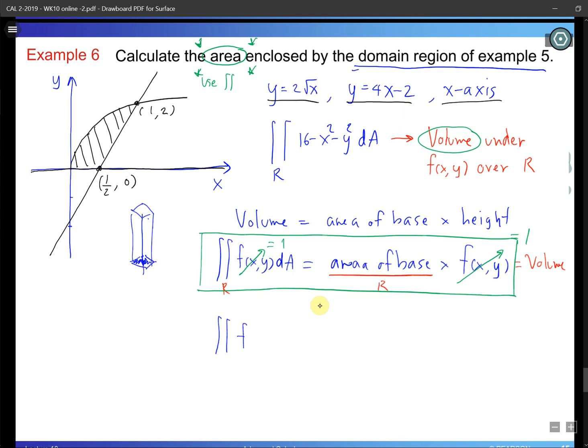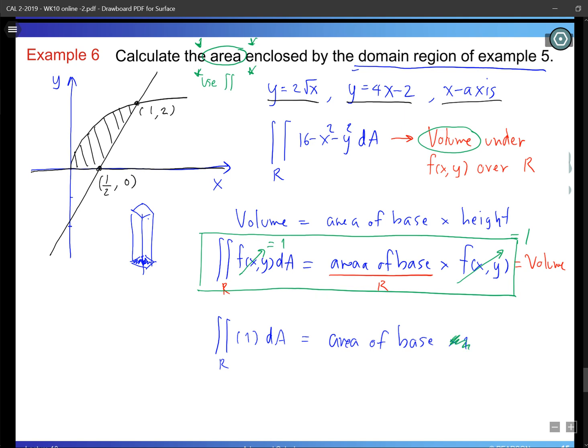Oh, sorry, not f(x,y), it becomes 1 already. So this double integration of 1 over this region is going to be equal to the area of the base times 1. So basically this is equal to the area of base. Well, this is times 1, but it doesn't matter now, it's just 1.